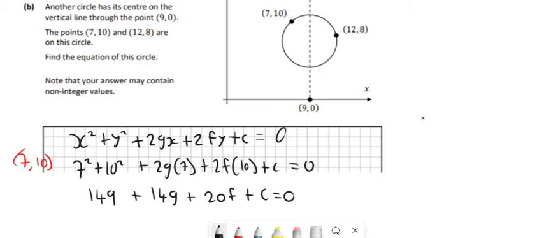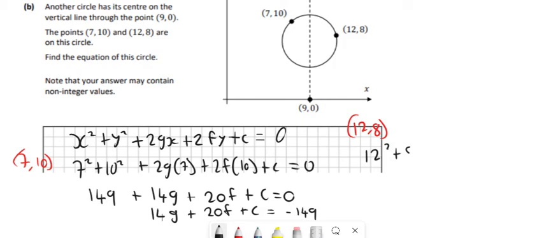Bring the 149 to the other side, just to put the number on that side. And we have an equation then with g, f and c in it. We have 1. Now I'm going to sub in the point 12, 8. I'm just putting 12 in instead of x now, and 8 in instead of y.